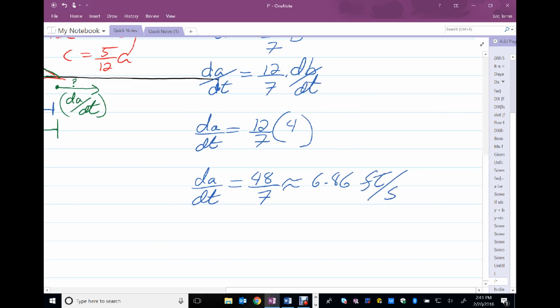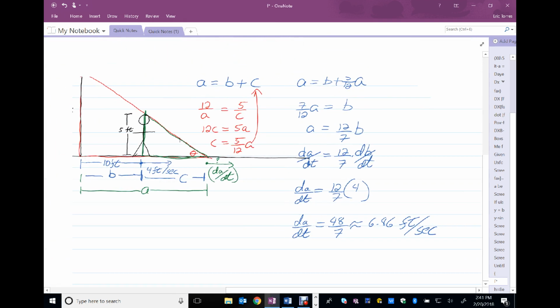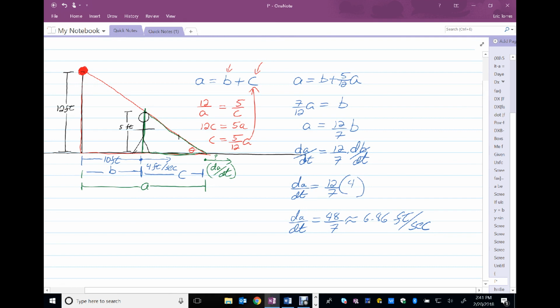So let's review what we did real quickly here. I started out with a formula that had 3 variables, A, B, and C. I used another formula from my similar triangles, or the tangent of my theta there, to set up my second equation.